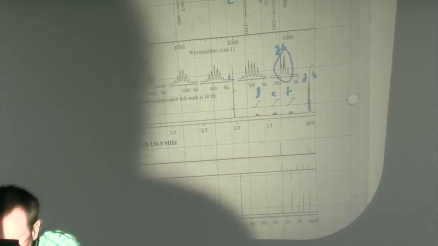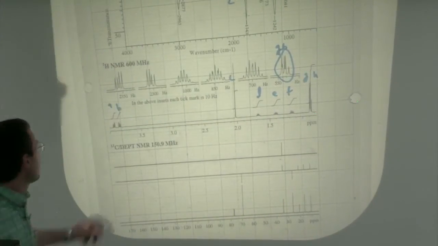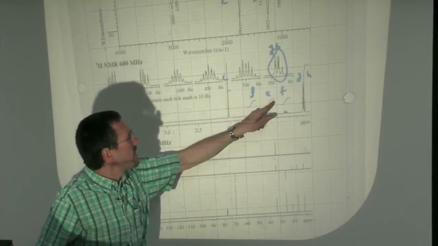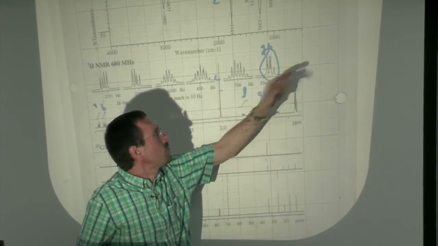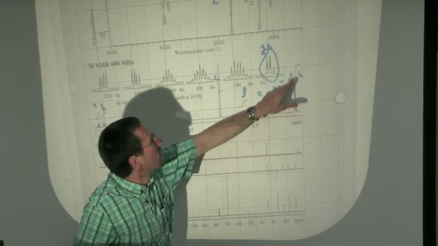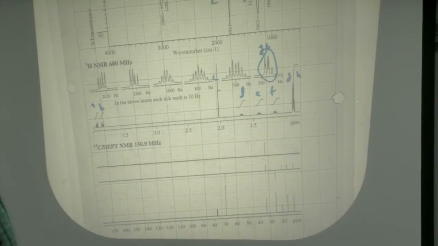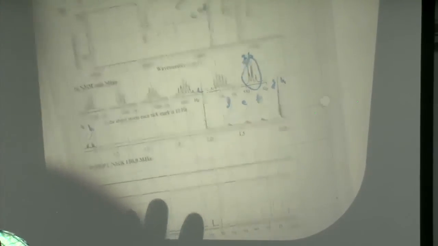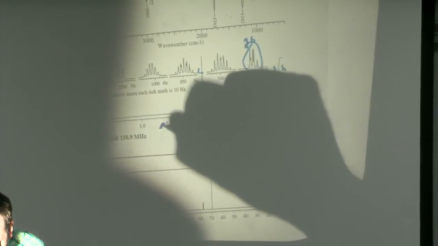If I want to be good about it, I will try to line up my grid a little better. Yeah, about 1.7, 1.7, 1.7, about 2, about 10.6. And if I work this out, I'm getting about 1.7 per hydrogen.